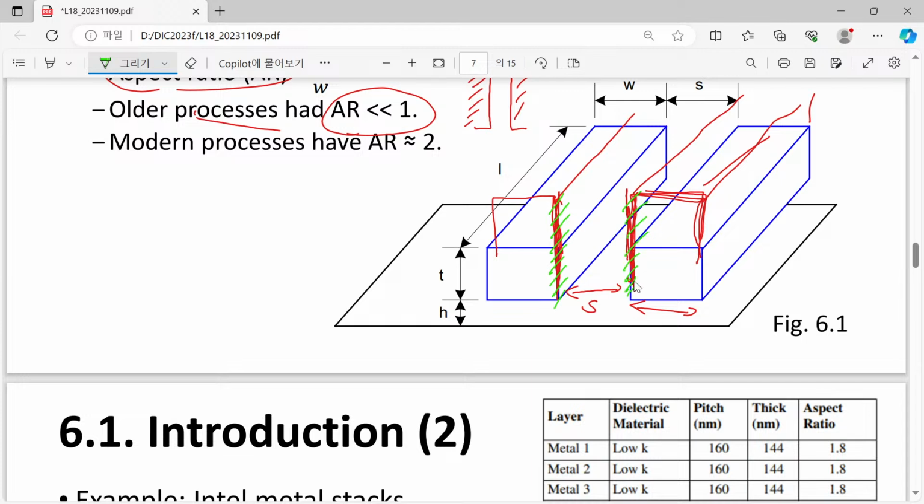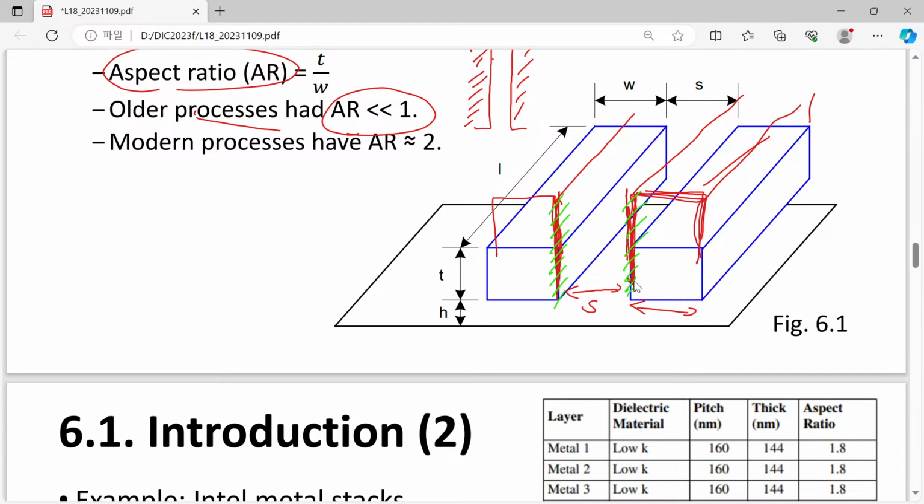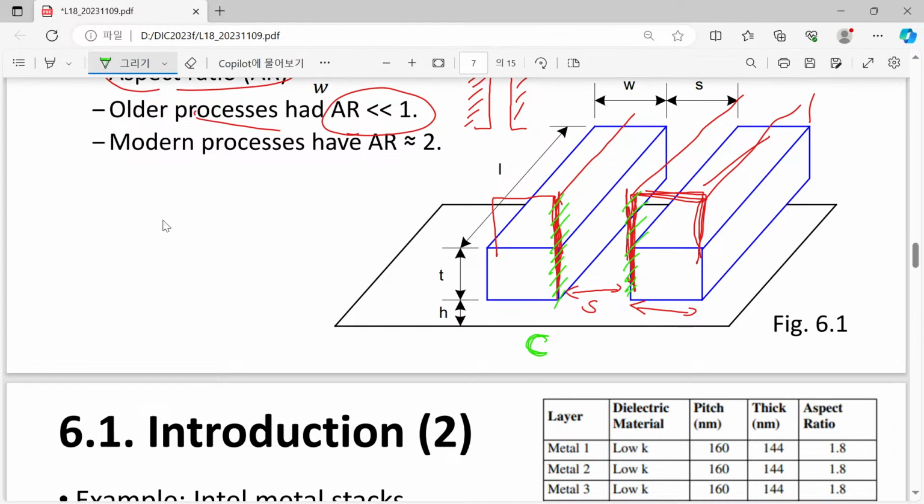So what you can expect is, if you introduce two narrow, closely packed parallel wires, and you increase the height of these wires, then you can eventually increase the capacitance of your wires. So simply speaking, by increasing the height of your metal line, you can reduce the resistance per unit length. However, at the same time, you can increase the capacitance.